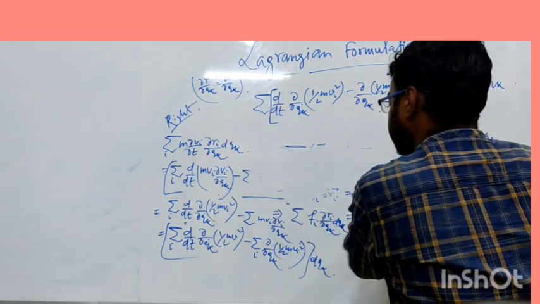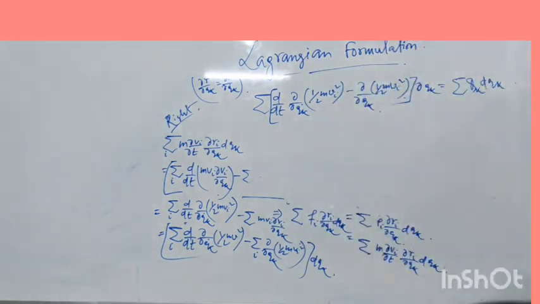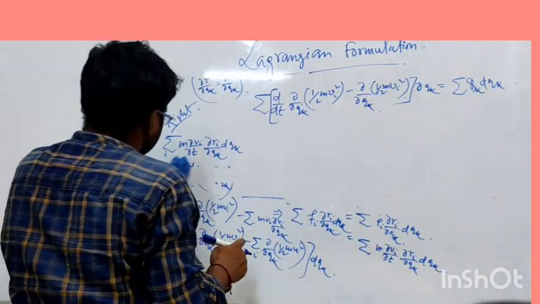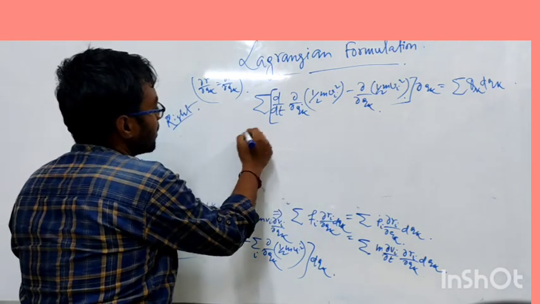That is the generalized equation of the Lagrangian formulation. But if we reduce it more, what can we get?